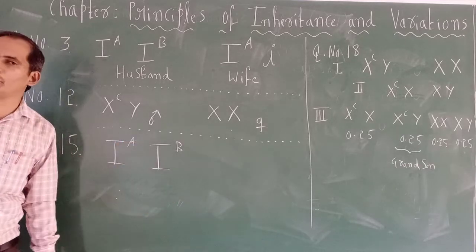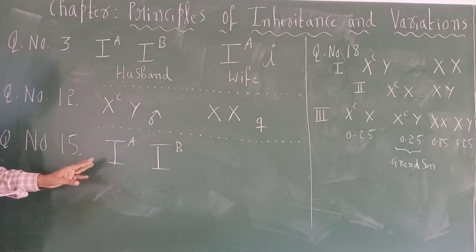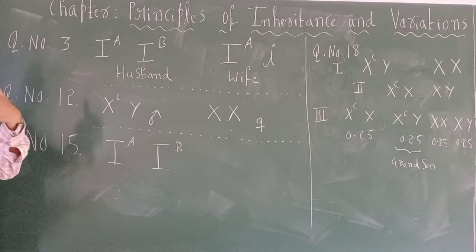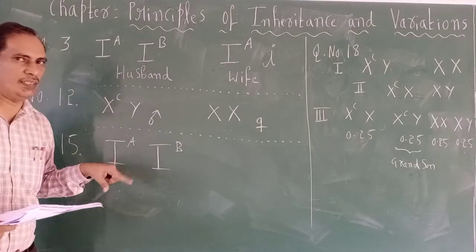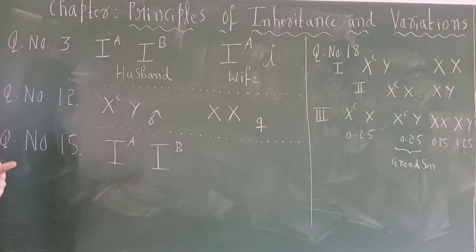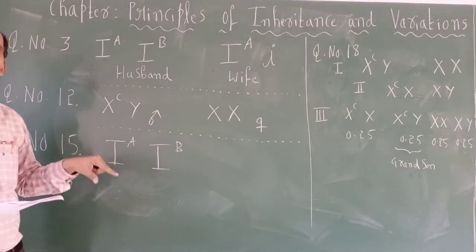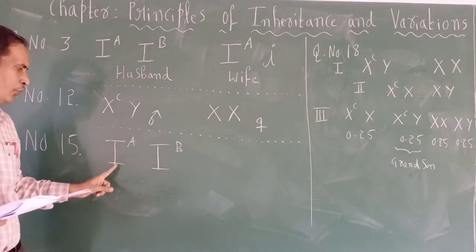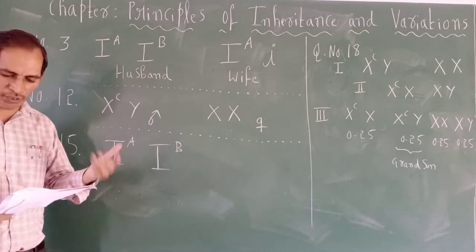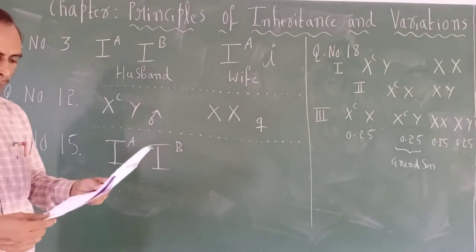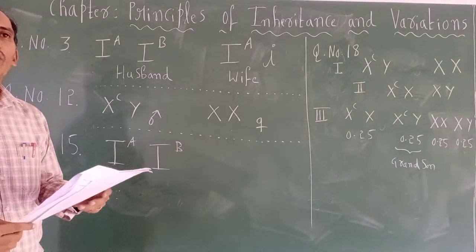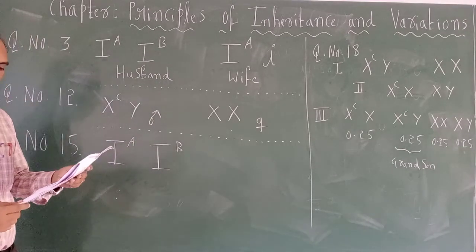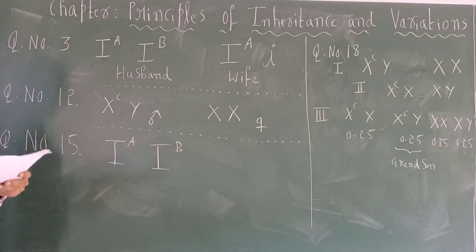A best example for codominance is blood group AB, where a person with blood group AB produces both antigens, antigen A and antigen B, because of the expression of both the alleles, that is I^A and I^B. So the correct answer for the 25th question is A, codominance.